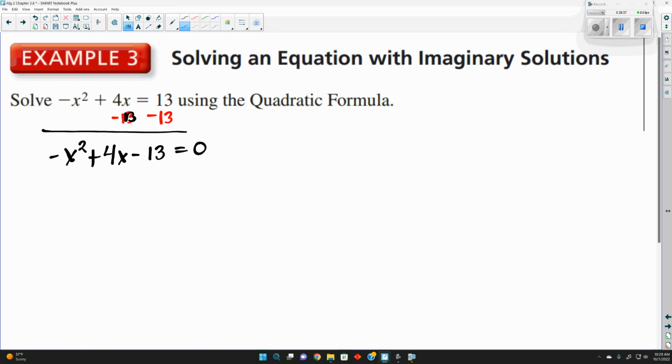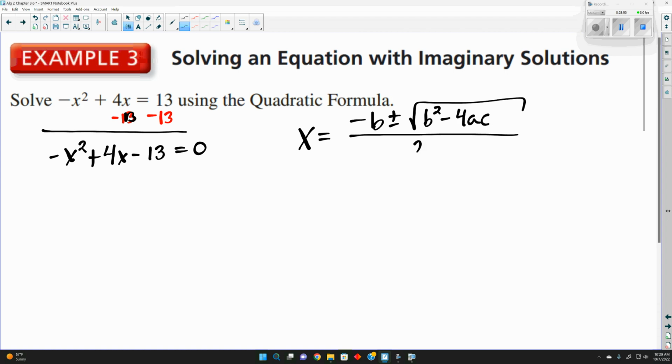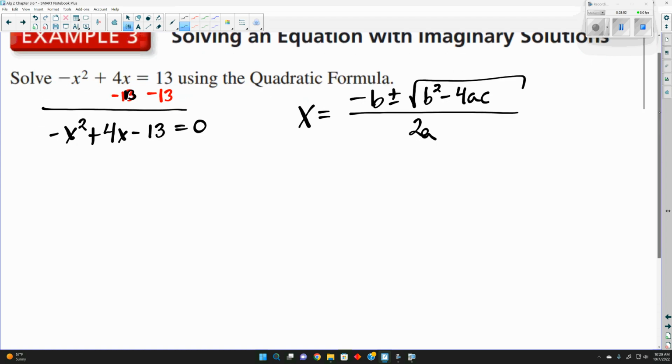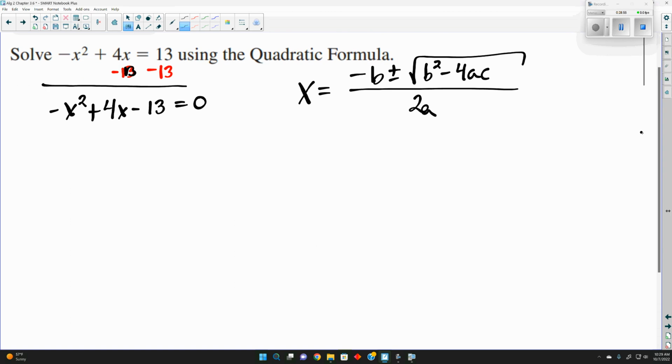Now when we were factoring, we wanted the number in front of x squared to be positive, but with the quadratic formula, it doesn't matter. We just need to plug these values in.